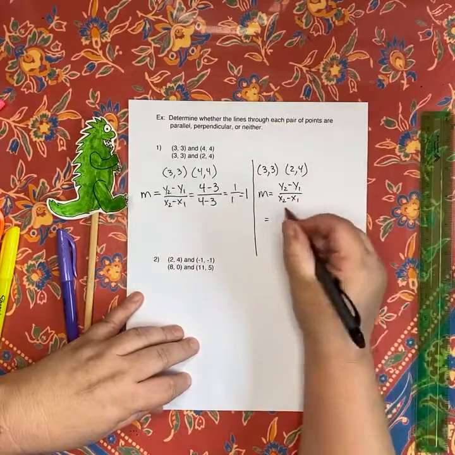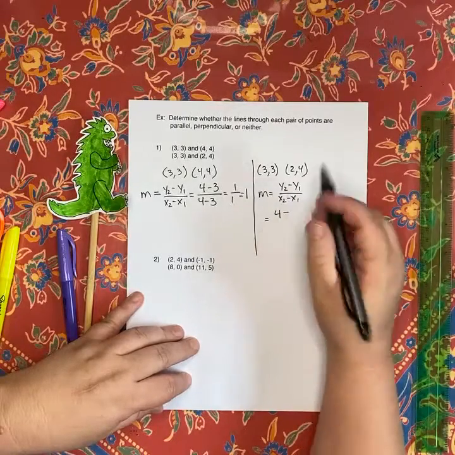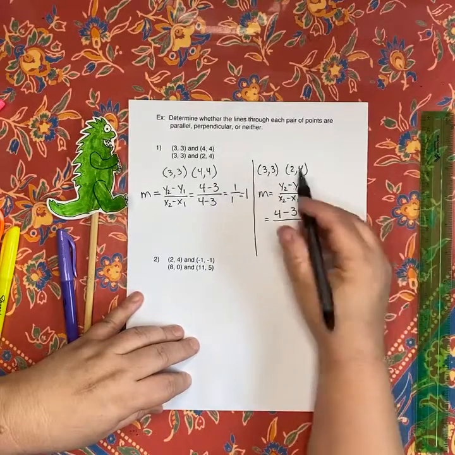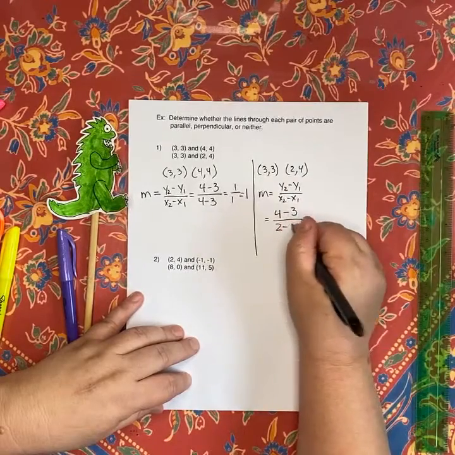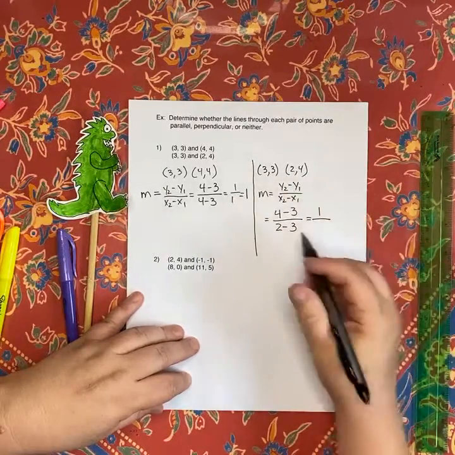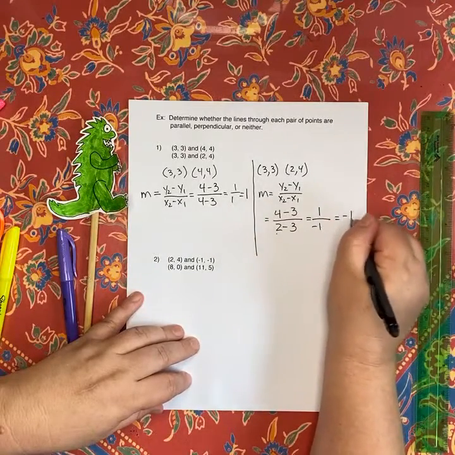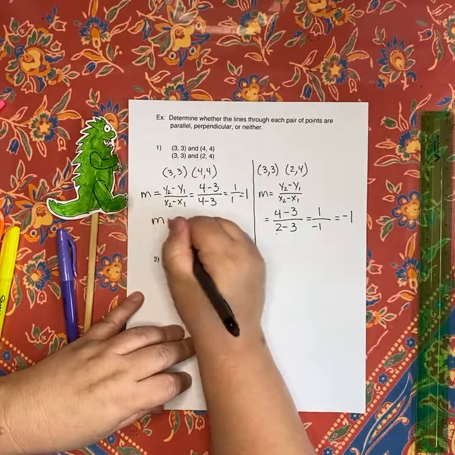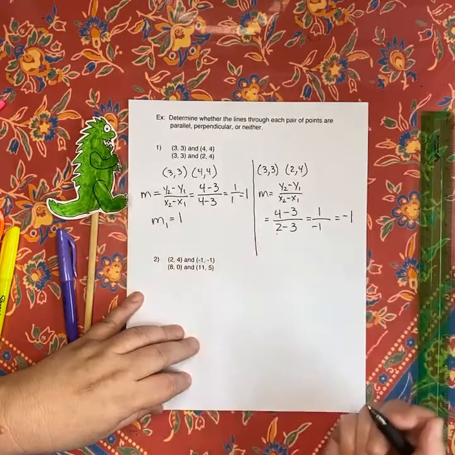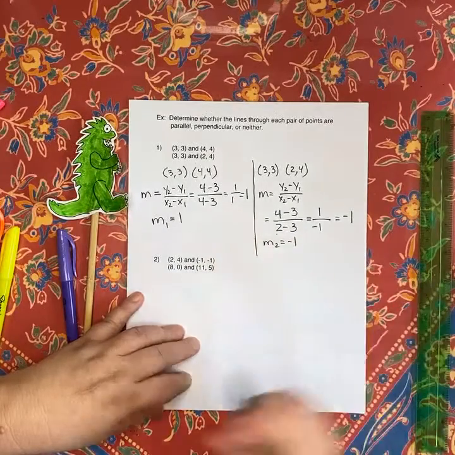I'm going to start with this one again, 4 minus 3 on top. Down the bottom, it's going to be 2 minus 3. So 4 minus 3 is 1, and 2 minus 3 is negative 1, so that's negative 1. So the first slope is 1, and this slope is negative 1.